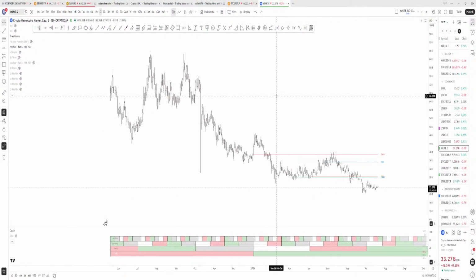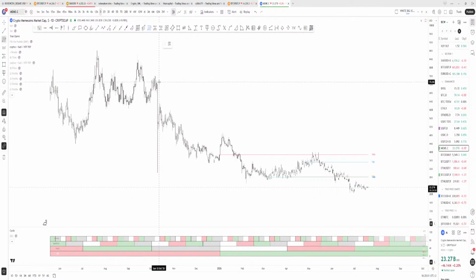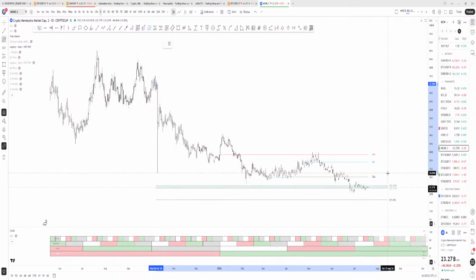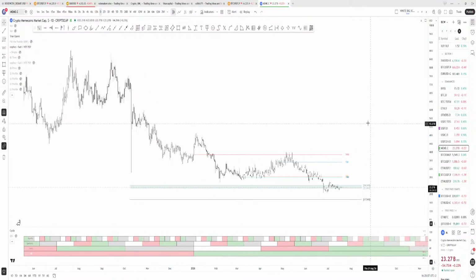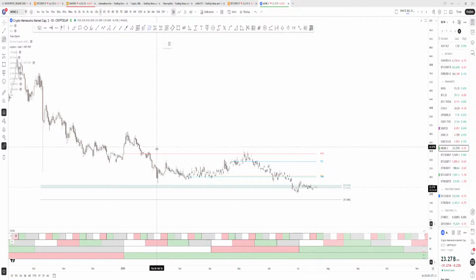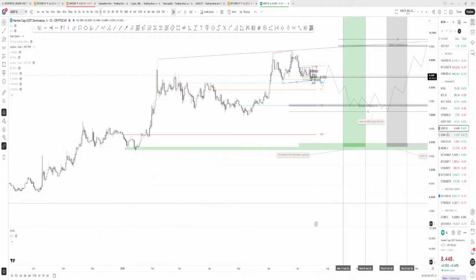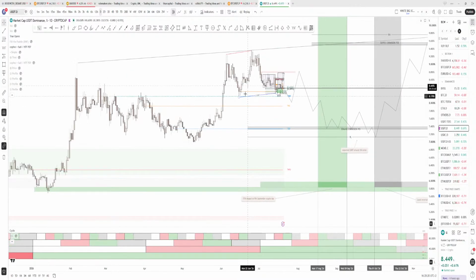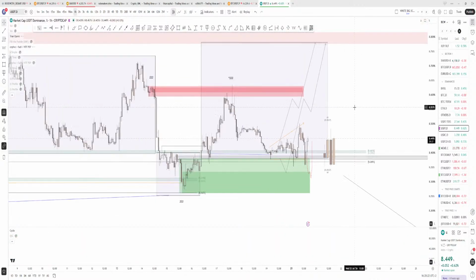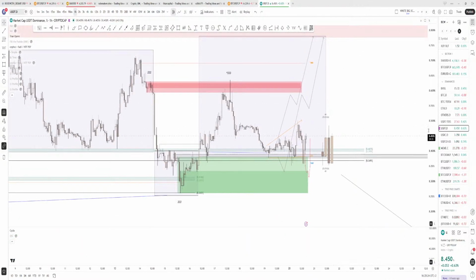Check meme coin dominance. Also sitting on a support, flip support, I mean. I think I showed you the USDT and USDC, right?